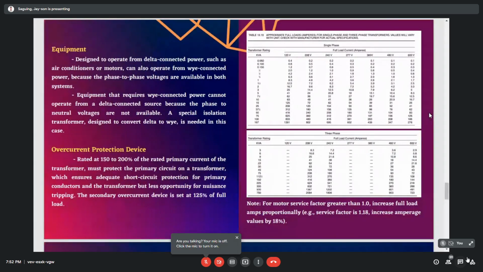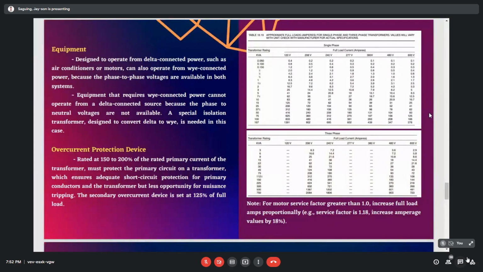In table 19.19, these are the approximate full load amperes for single-phase and three-phase transformers. Values will vary with the unit, so check with the manufacturer for actual specifications. Note that for motor service factor greater than 1.0, increase full load amps proportionally.